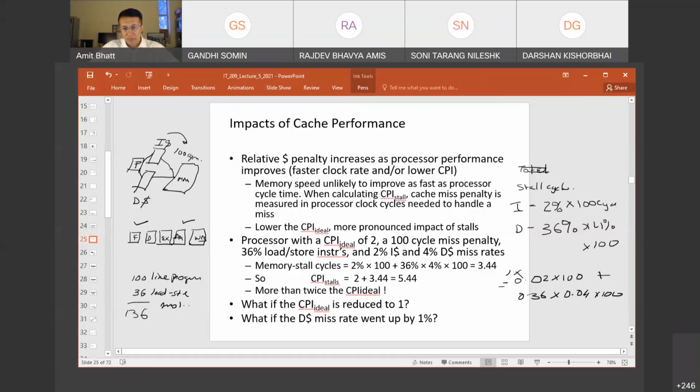So I believe the answer would be 3.44. So that means the memory stall is taking up 3.44 cycles worth of additional time, right?